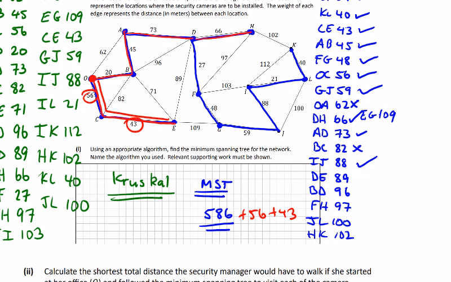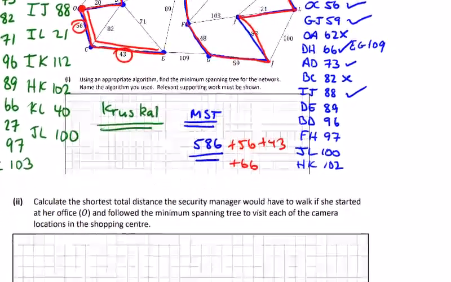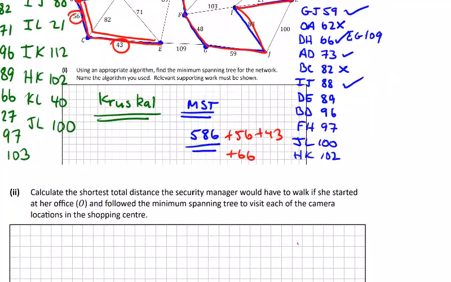She's going to have to go backwards here twice, so that's 66 added on. And I think she can make it the rest of the way. So we just add on where she has doubled back on herself. That's 110 and 12, 122, and 43 is 165 extra. 586 plus 165 gives 751 meters the manager is going to have to walk.